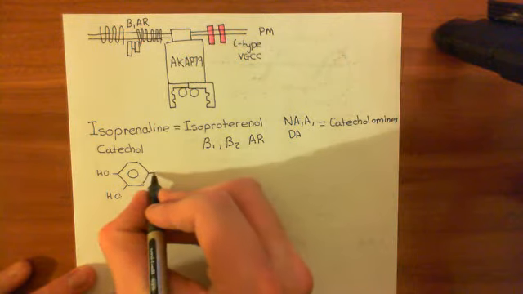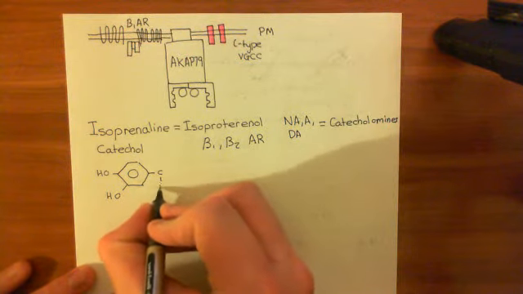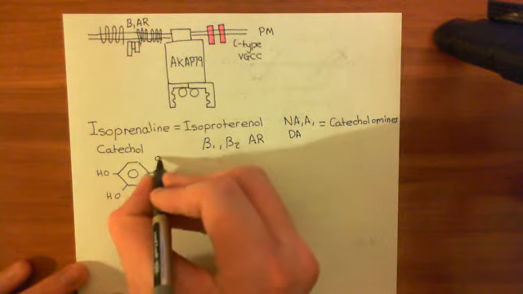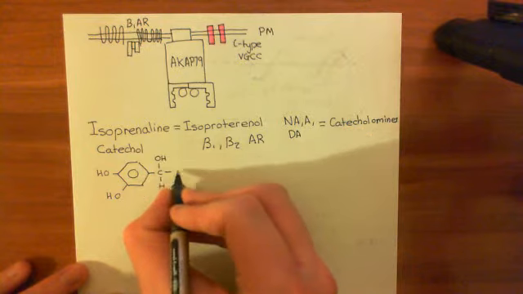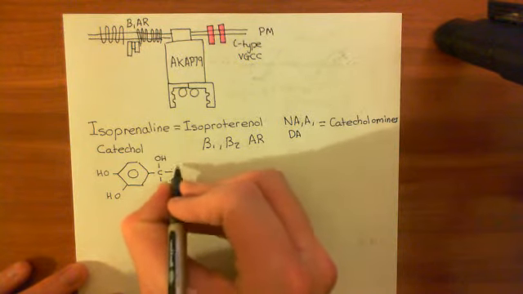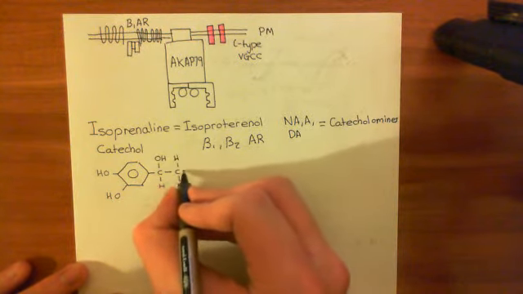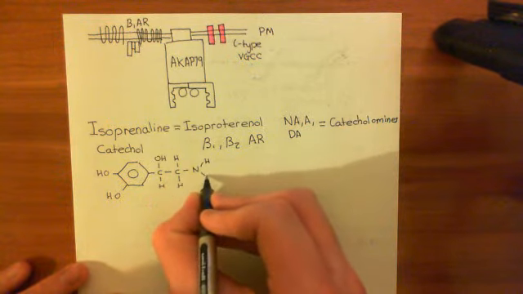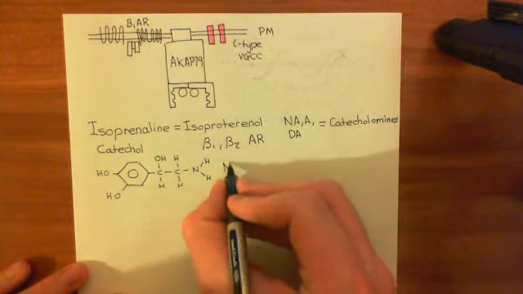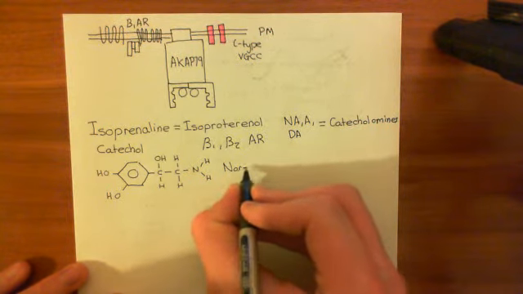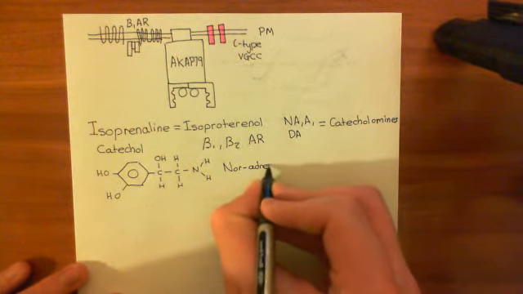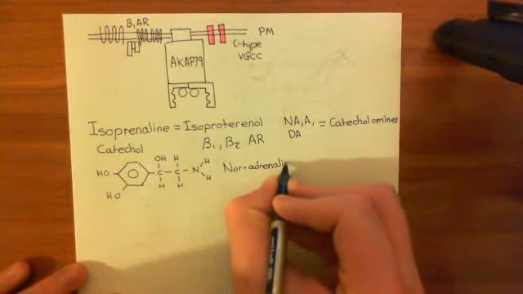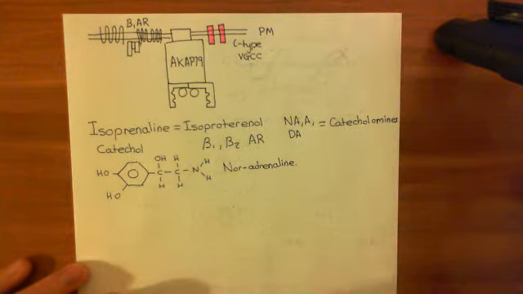So, continuing this structure on, you then have a carbon coming off, which has an alcohol group off like that, another carbon with 2 hydrogens coming off here, and then in noradrenaline you just have an amino group right at the end like this. So this is the structure of noradrenaline.